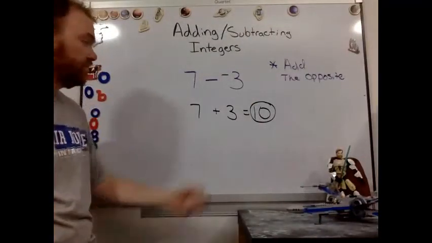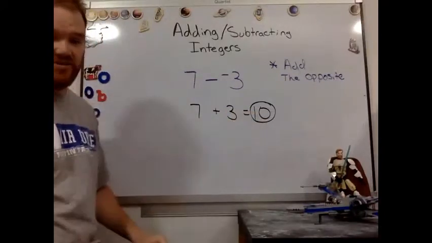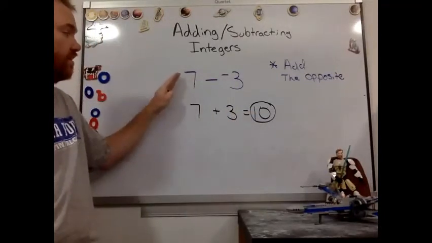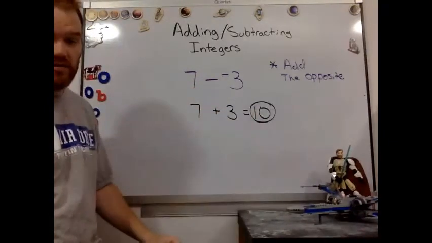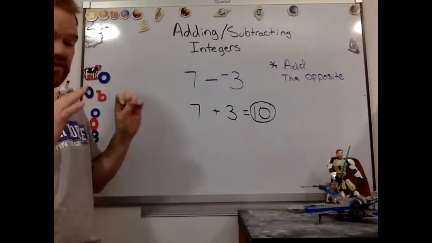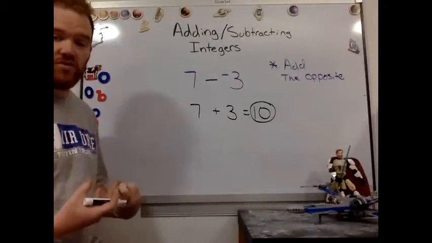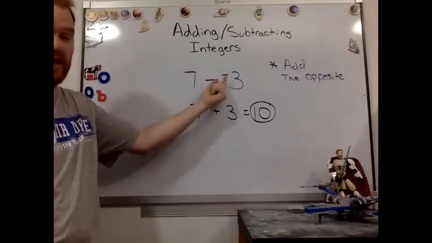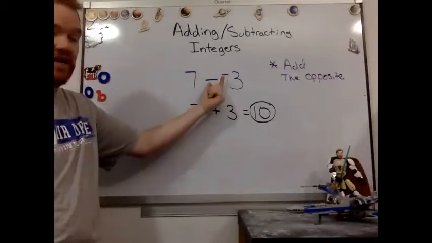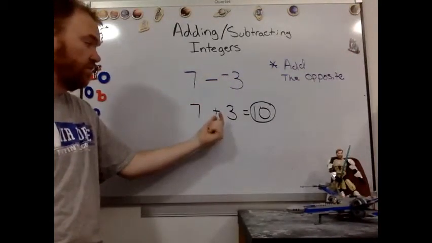Now, this doesn't seem natural. It doesn't seem like we should subtract a negative and get a bigger number. Okay? You have to trust the rule. We don't like this minus negative. Double negatives are no good. We change it to plus positive.